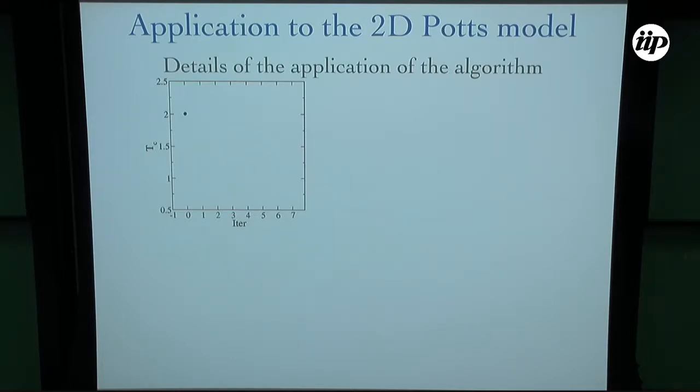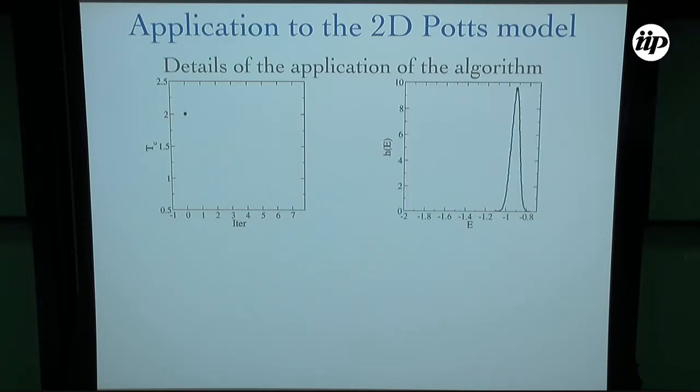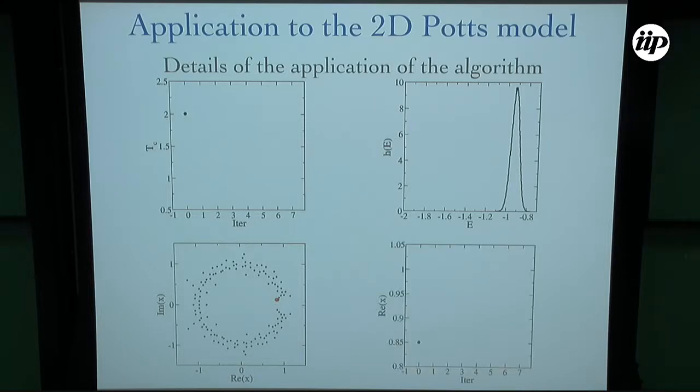I did a simulation at t equal to 2 and built the histogram. Here is the complete map of zeros. Then I choose as the dominant zero the one that is nearest to the point 1, 0. Okay? Then I take this one, and the real part is given here. Using the distance to the point 1, 0, I obtain my first estimate for the critical temperature, which is about 1.5.